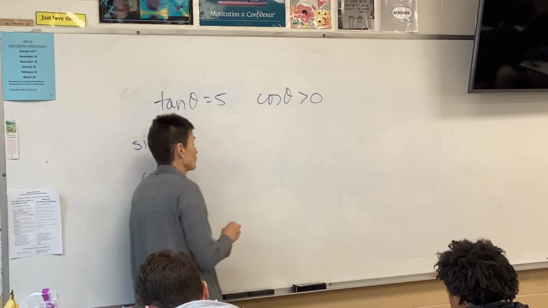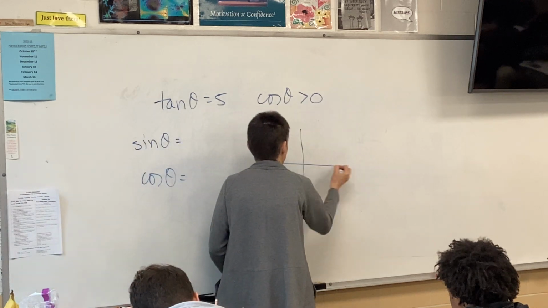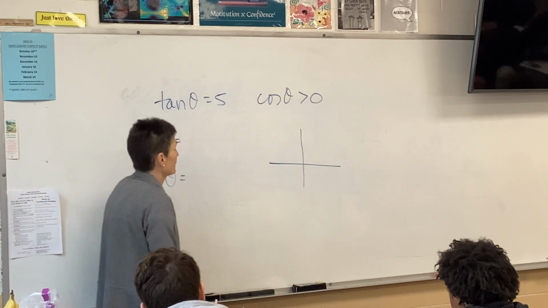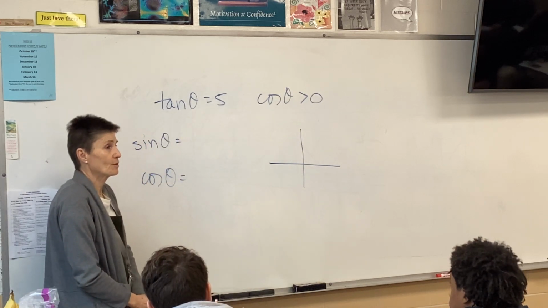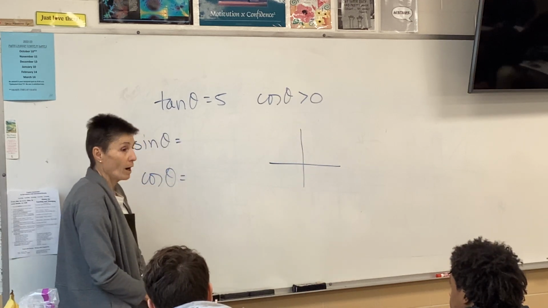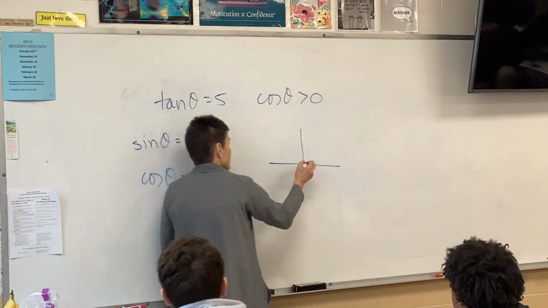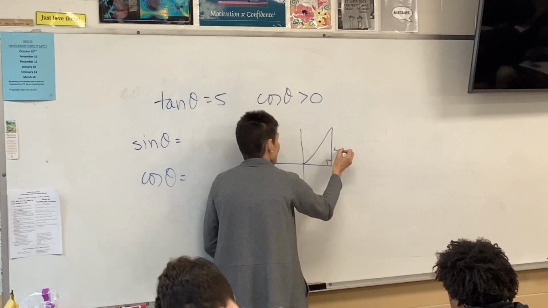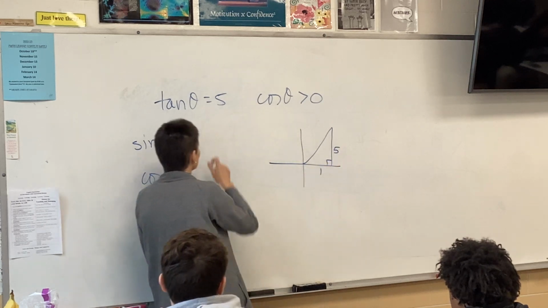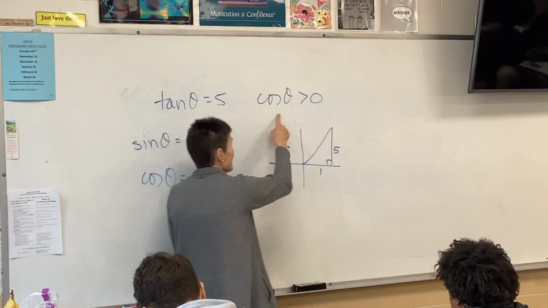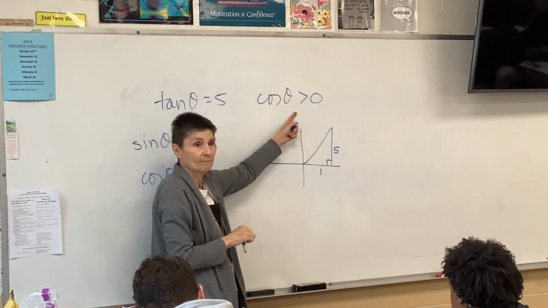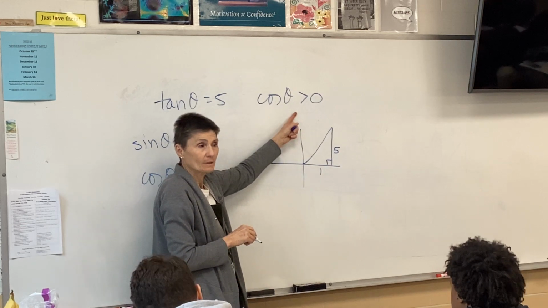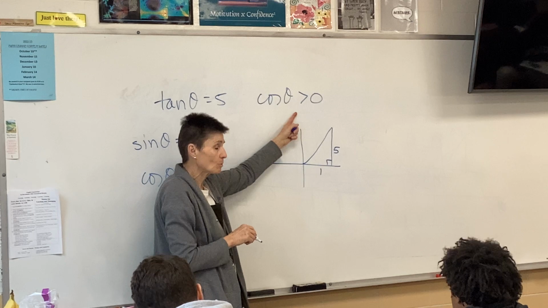Well, you know me, I love to draw pictures. Where am I going to draw this picture? Quadrant 1. Because in quadrant 1, can I have a tangent of positive 5 and have a positive cosine? Yep, that won't happen in any other quadrant.